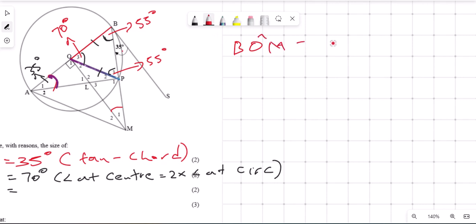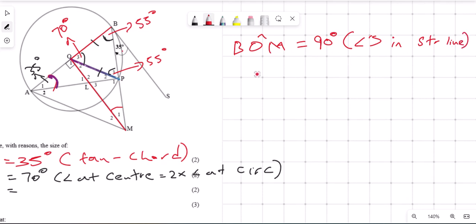BOM is equal to what? 90 degrees. 180 minus 90 is 90. We're only including O3 and O2, excluding OY. Yes. BOM is equal to 90 degrees, angles in a straight line.